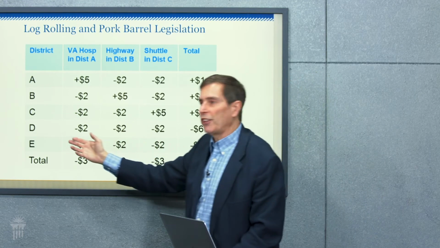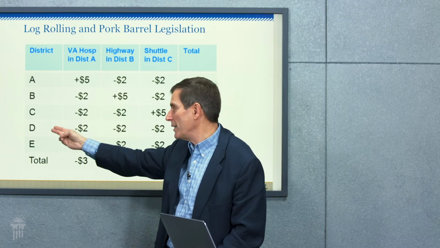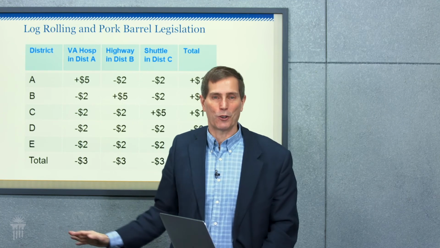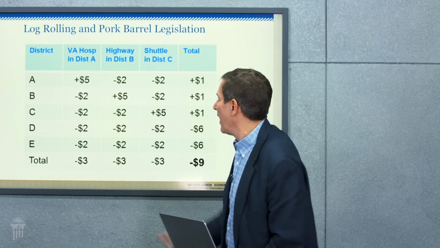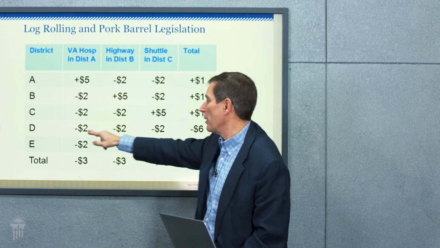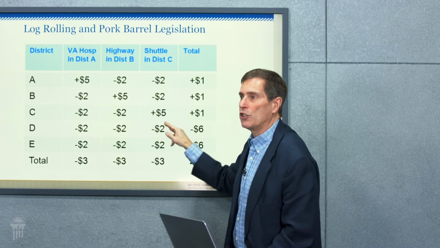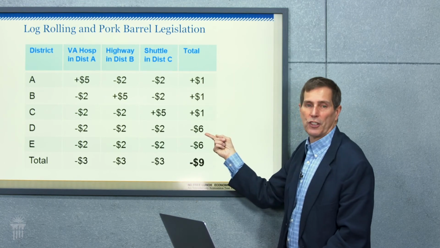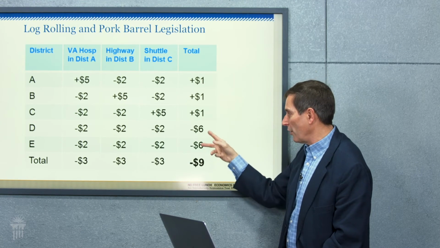Now we come to the sad realities of Congresswoman D and Congressman E. They have no political power. They're in the minority. They don't get the VA hospital, they don't get the highway, they don't get the shuttle, but they have to pay taxes for each one of these projects. And so their net total is minus $6, and there's 2 of them.